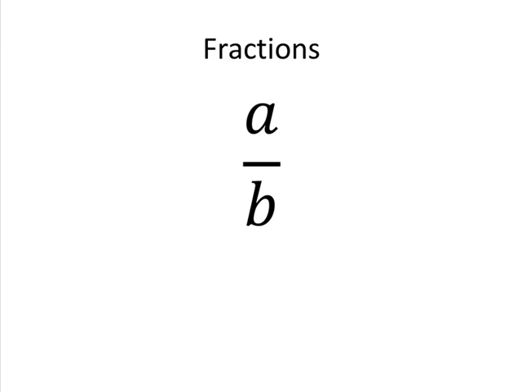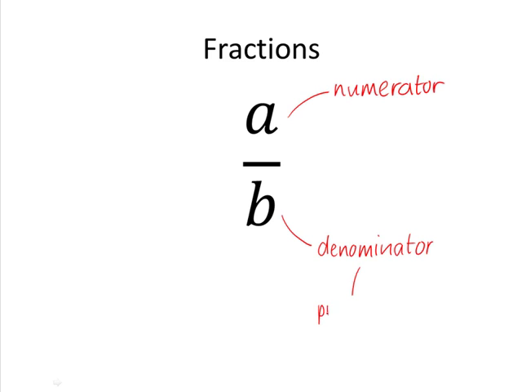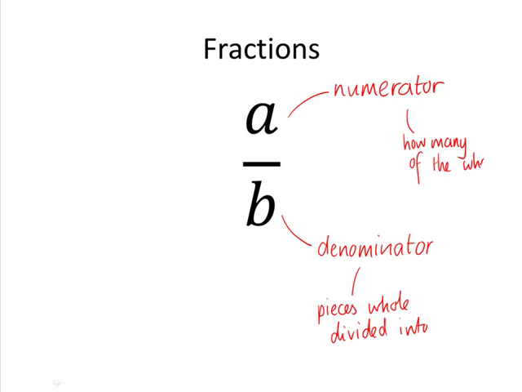Fractions can be written in the form a over b. A is the numerator, b is the denominator. The denominator tells us how many pieces the whole is divided into, and the numerator tells us how many of those pieces we're speaking about.